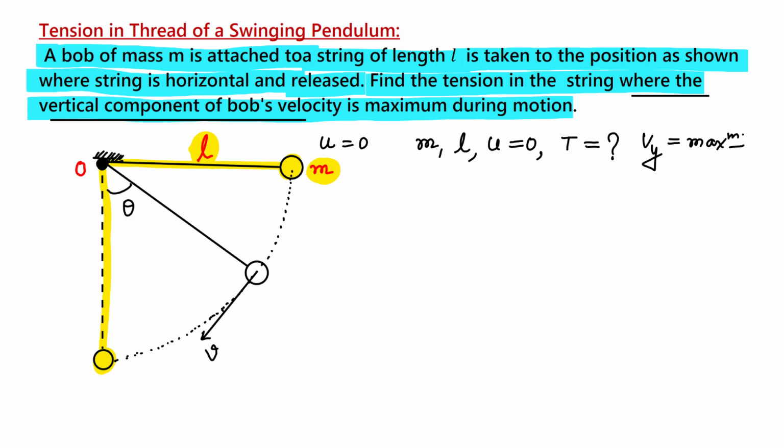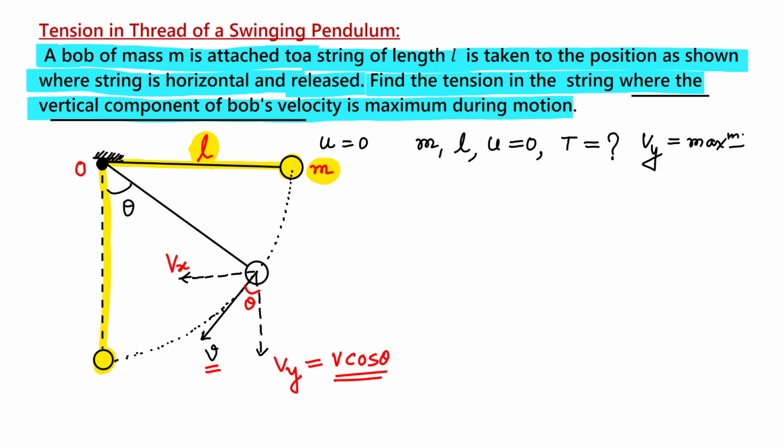This velocity will have two components, one in this direction and another in this direction. Let's call these components Vx and Vy. If this is V and this angle is theta, then Vy is V cos theta. So basically we have to maximize V cos theta.